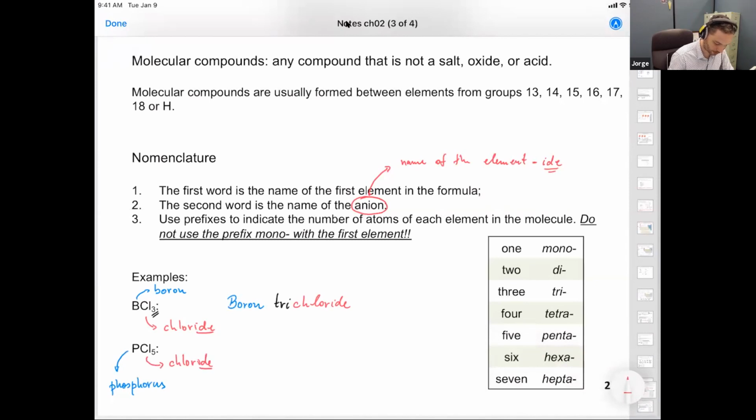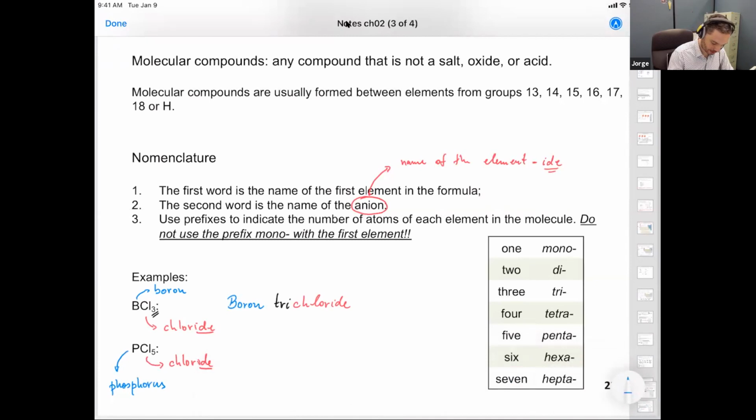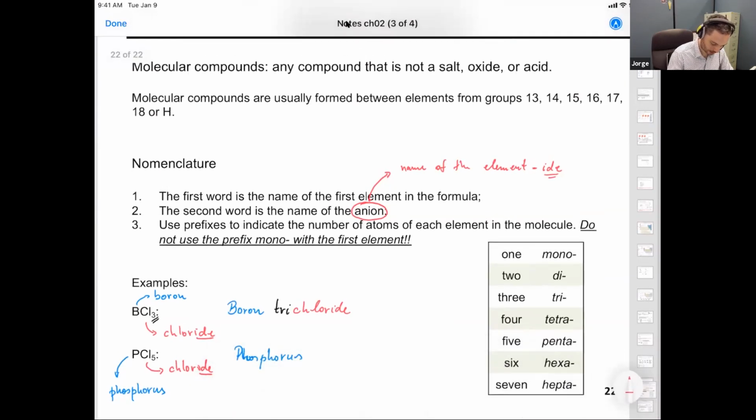So remember, it's the name of the element followed by IDE. Therefore, the name of the compound is going to be phosphorus, give it a space, and then write the name of the anion, which is chloride.